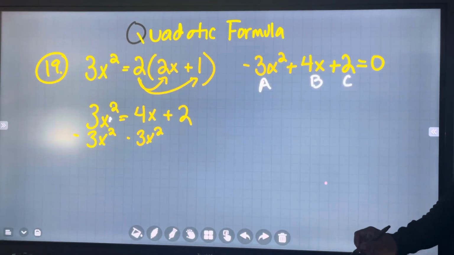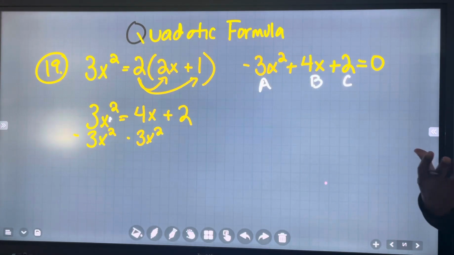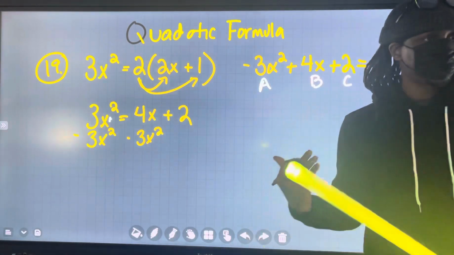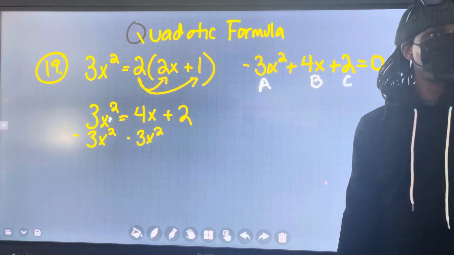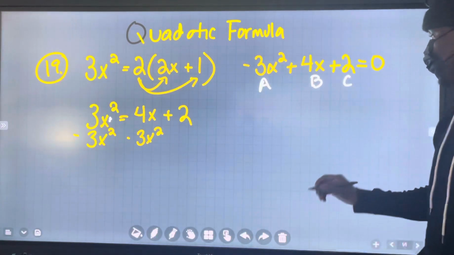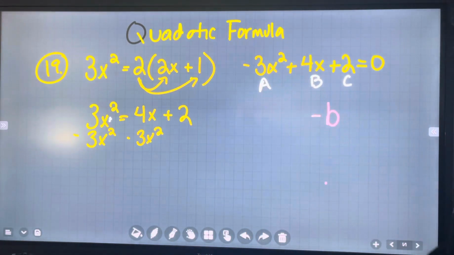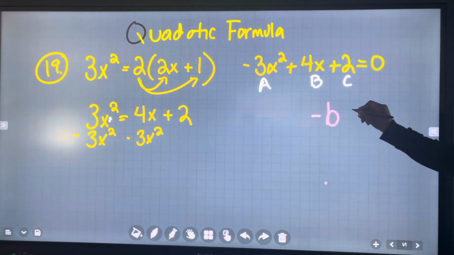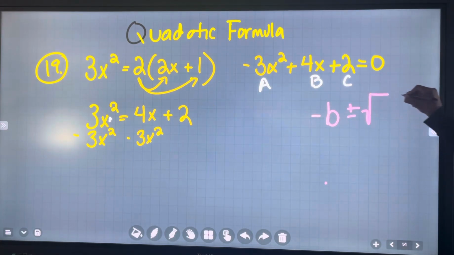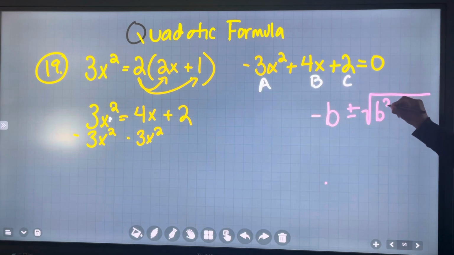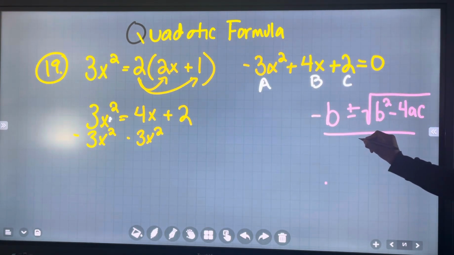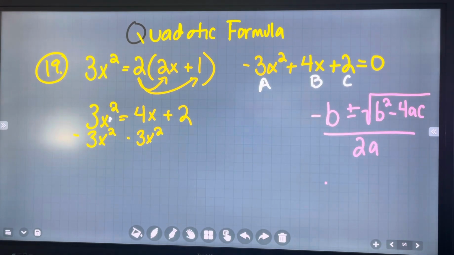All right? So what was that formula that we talked about yesterday? The quadratic formula. It was negative B plus or minus the square root of B squared minus 4ac, all divided by 2a. Let me pause real quick.